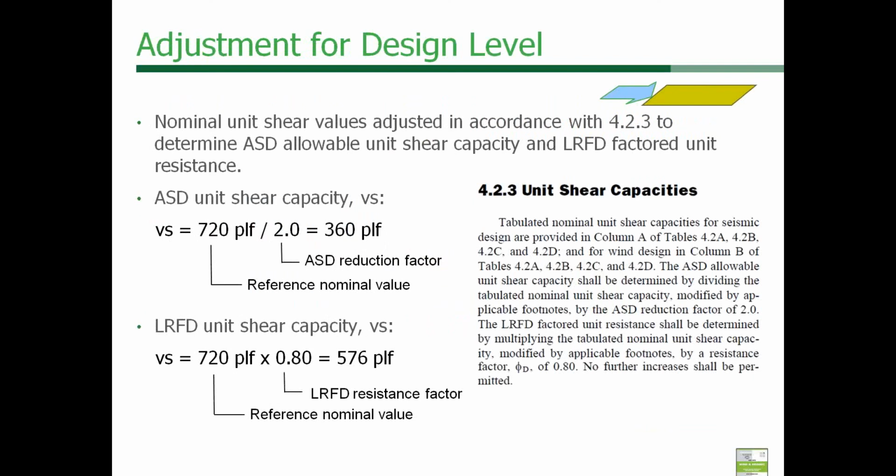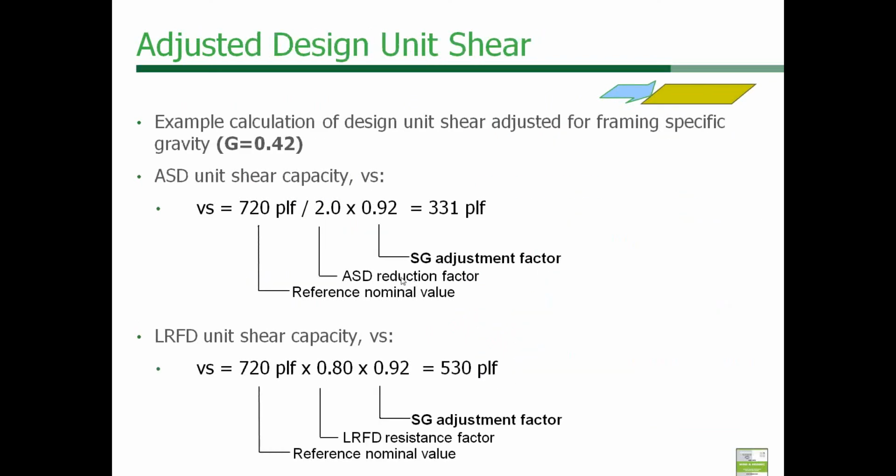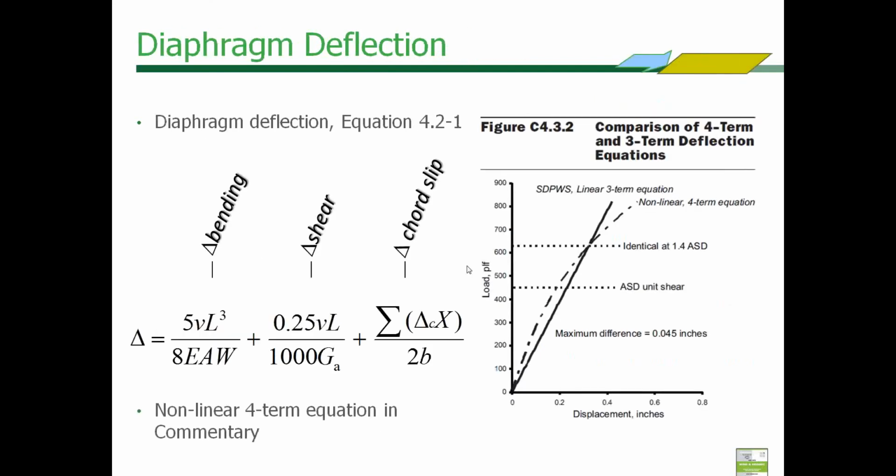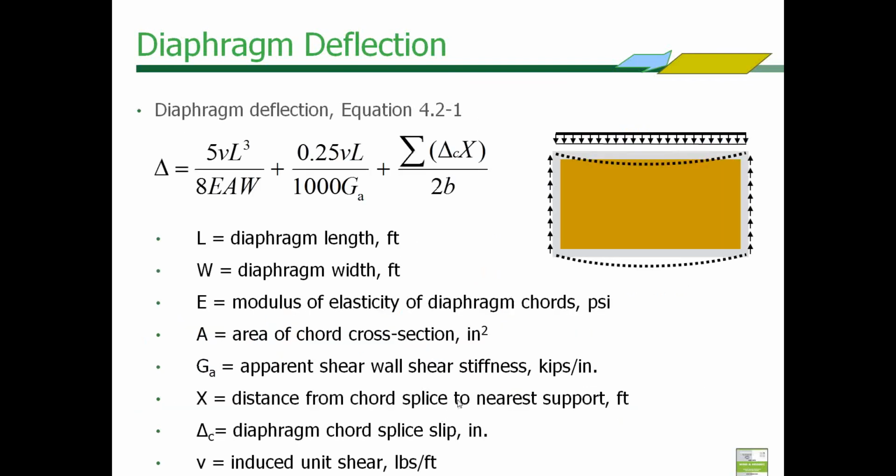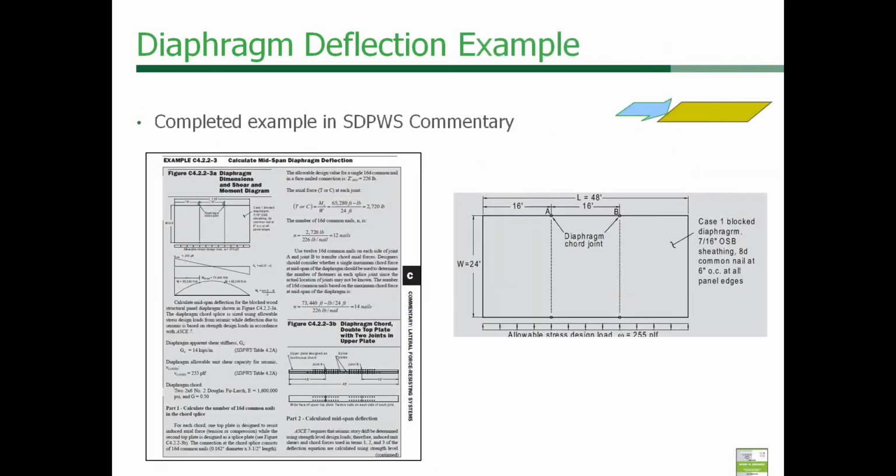Again, Michelle did a shear wall example that's very similar to what's shown here, and the specific gravity adjustment factors are also very comparable. The deflection equations, again, going from a 4-term to a 3-term equation, but the 4-term equation is shown in the commentary, and this is an idea of the makeup of that equation.